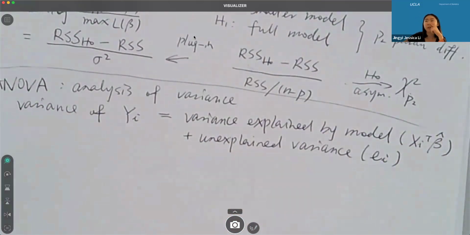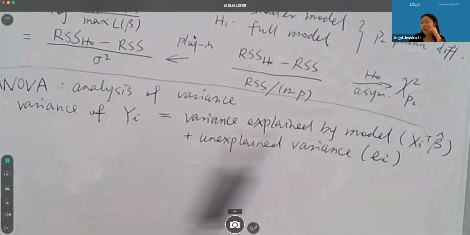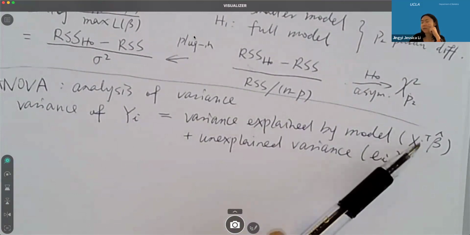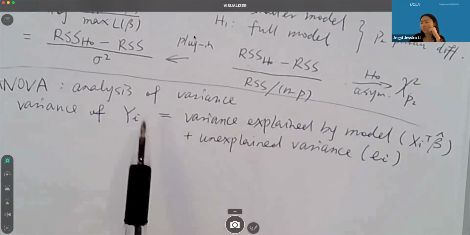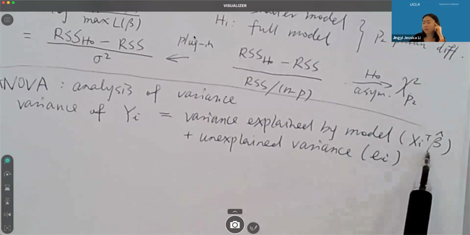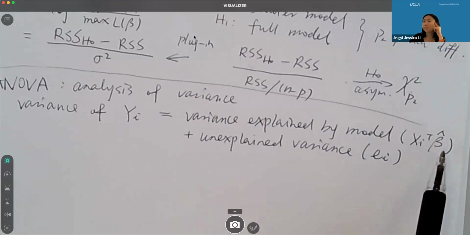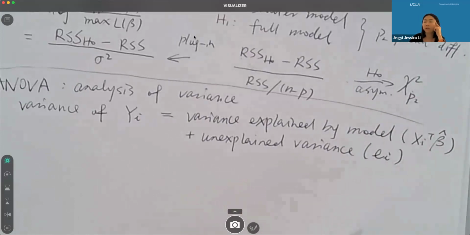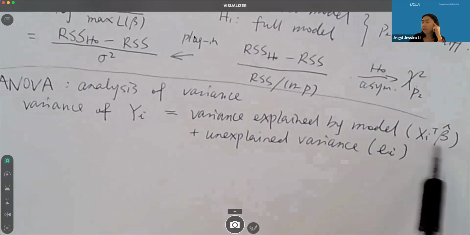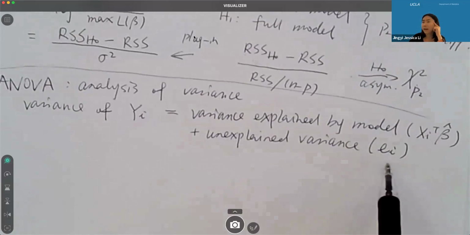Please be clear that it's ei, not epsilon i, because epsilon i is the error term, which we don't observe. What we only have is xi as the covariate vector with p-1 covariates and the yi. That's our data. So we have to infer beta hat by some optimization, like least squares is one way to do the optimization. And then with this predicted or fitted value, we have the residual.